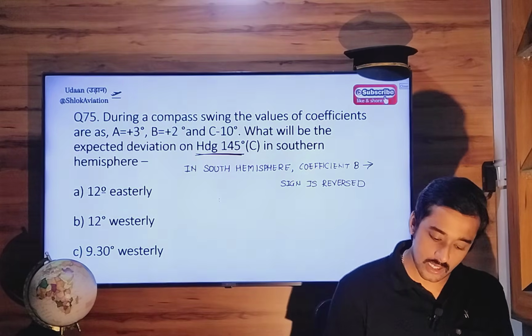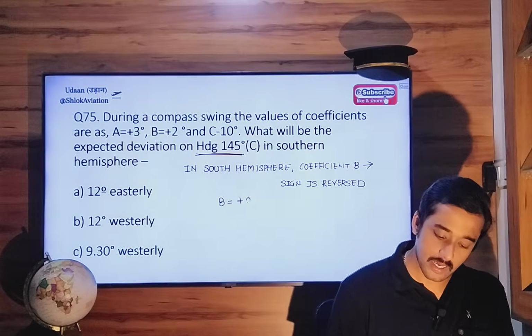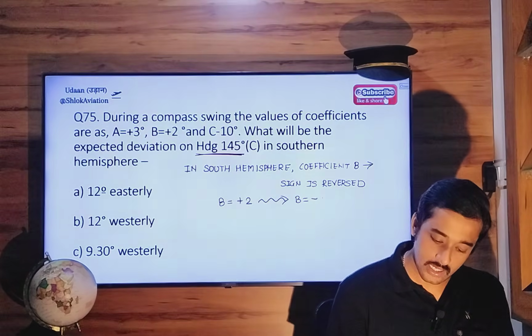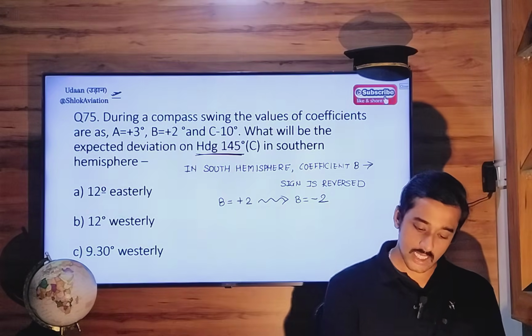B given as plus 2 becomes B minus 2 in the southern hemisphere.